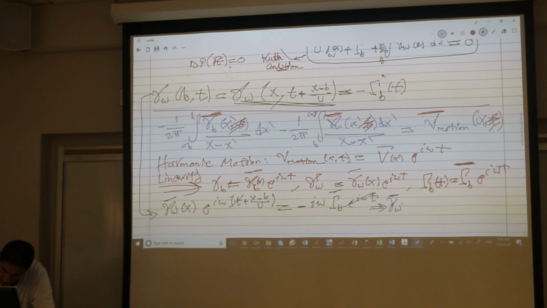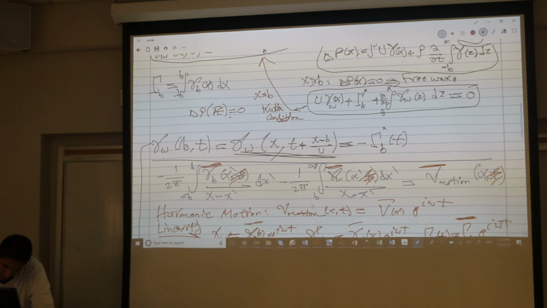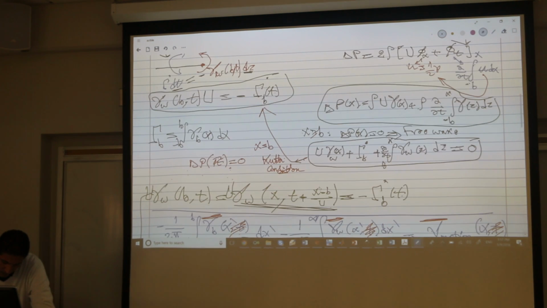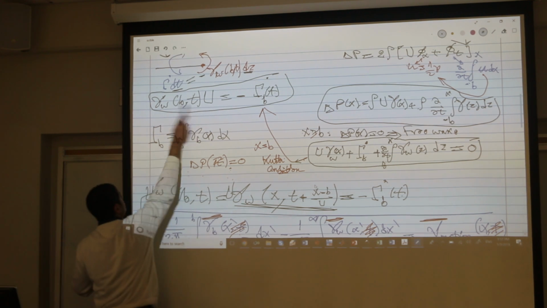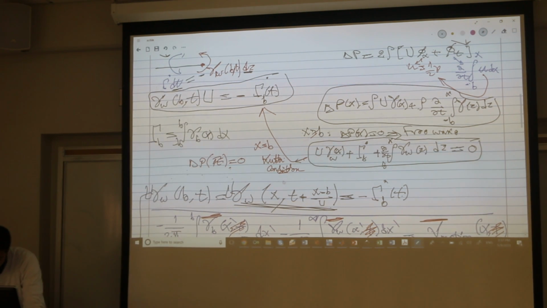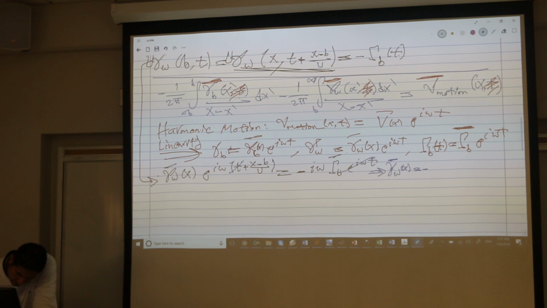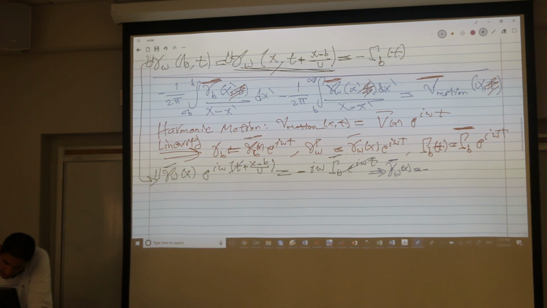And you end up with gamma wake of x is, there was a u somewhere, right? So yeah, there was a u here. This is the relation, u times gamma wake at t. So if you divide by u, we have omega, you can multiply and divide by b to get k.